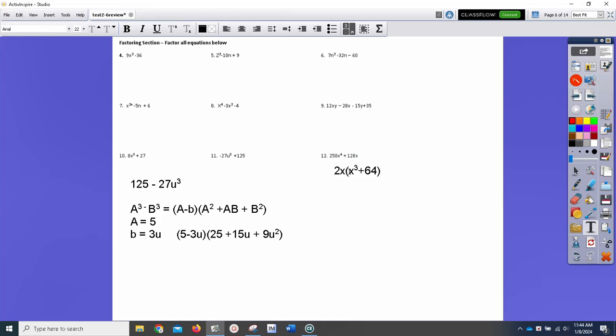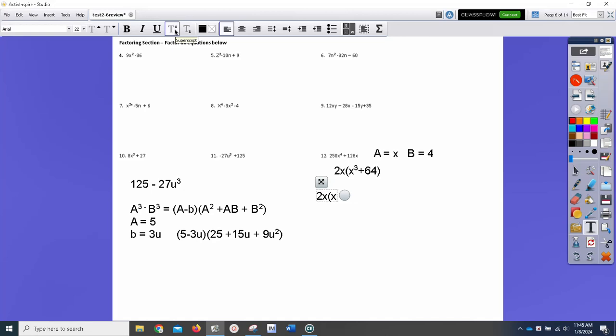So look at that, x cubed plus 64. A is x because x times x times x is x cubed. B is 4. 4 times 4 times 4 is 64. And I'm going to assume you still got that formula. It's a lot like this one, except this is a plus and that's a minus. Sorry, I forgot the first thing.